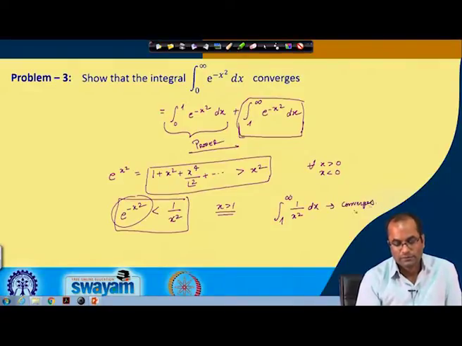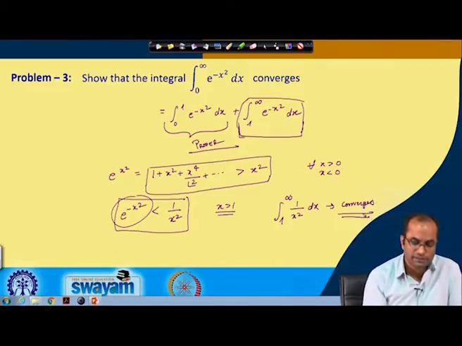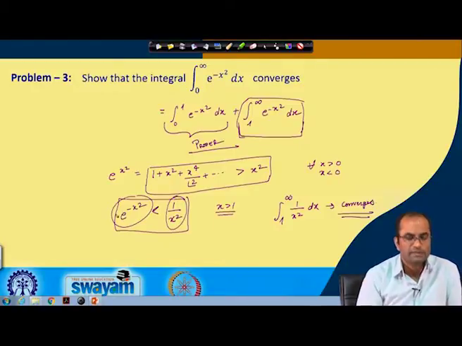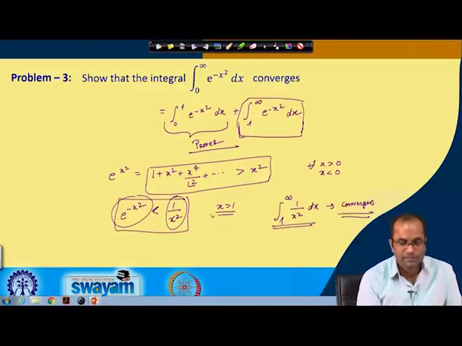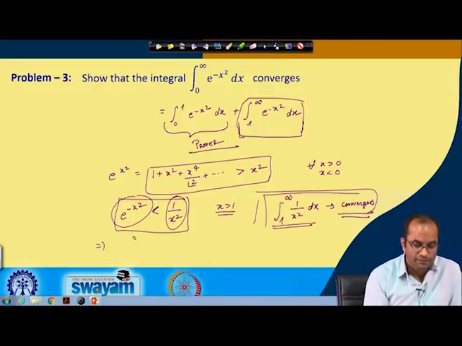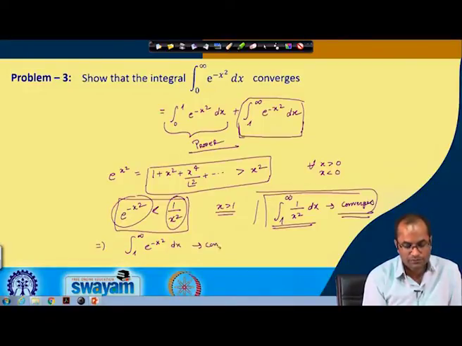So, by this comparison test, because this function 1 over x square is taking larger values than e power minus x square, and this dominating integral converges, naturally this one will also. So, this will imply that this integral 1 to infinity e power minus x square dx also converges.